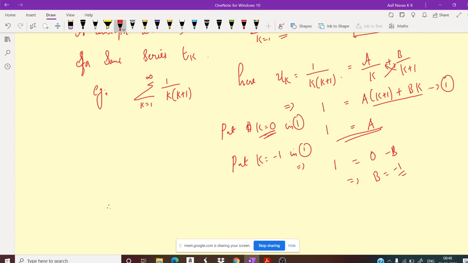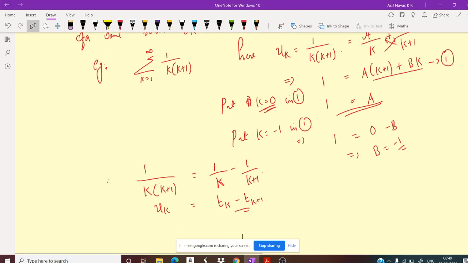Therefore 1 by k into k plus 1 can be written as 1 by k minus 1 by k plus 1. Here this is uk, so this can be written as tk minus tk plus 1. So this is an example of a telescopic series.